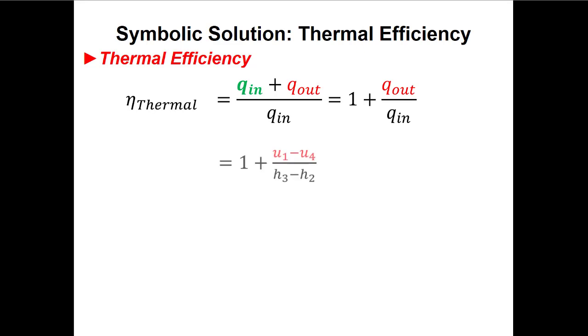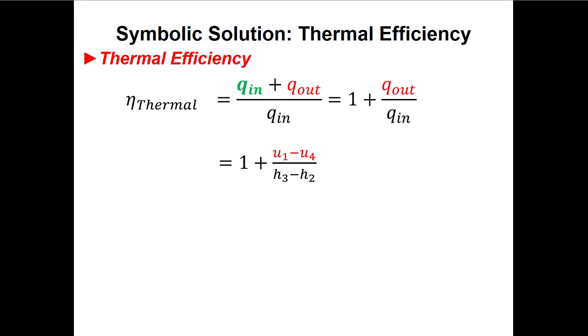So what do I do next? I know that Q out is going to be from the first law of the simple system between state 4 and state 1. So I'm going to cancel out the work term, and I'll get that Q out is U at the end minus U at the beginning, so U1 minus U4. And then I'm going to divide by the Q in, which I've already found the symbolic solution for.